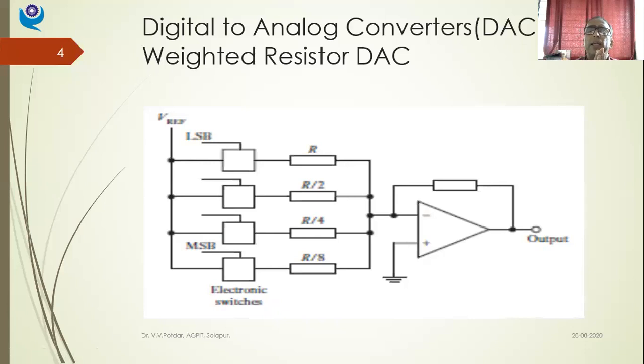Now, here my objective is that the digital signal is to be converted to an analog signal. Why is there such a requirement in a mechatronic system? My microprocessor, my microcontroller, or my computer will generate, after the control action is carried out, one digital output.